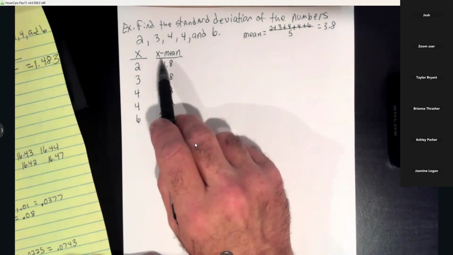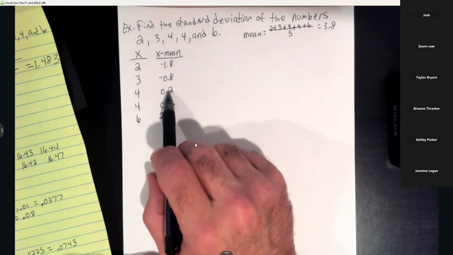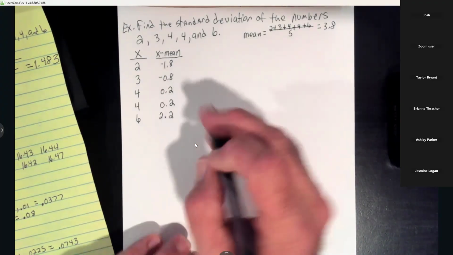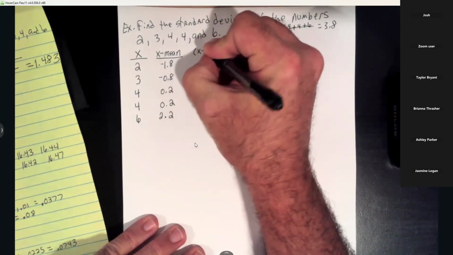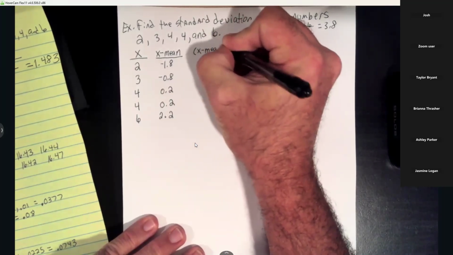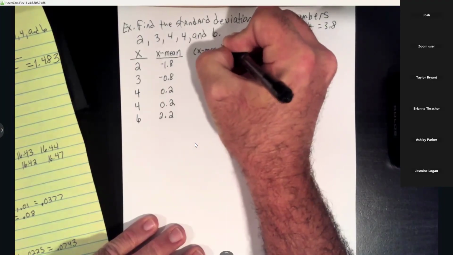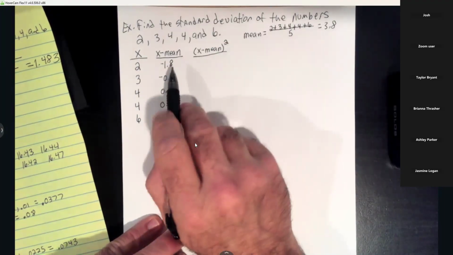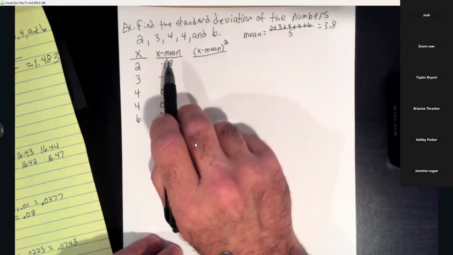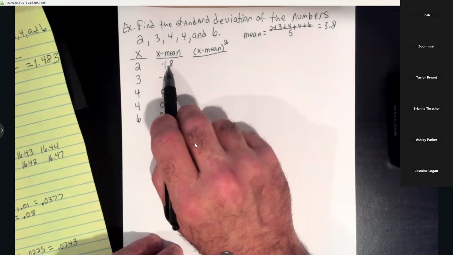All righty, so I got the deviations for each of them. Now, I'm going to take that x minus mean and we're going to square them. So we'll take each of these numbers and multiply times itself.